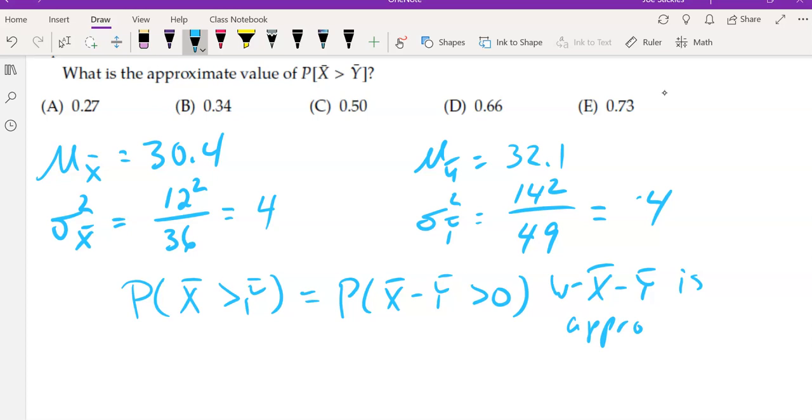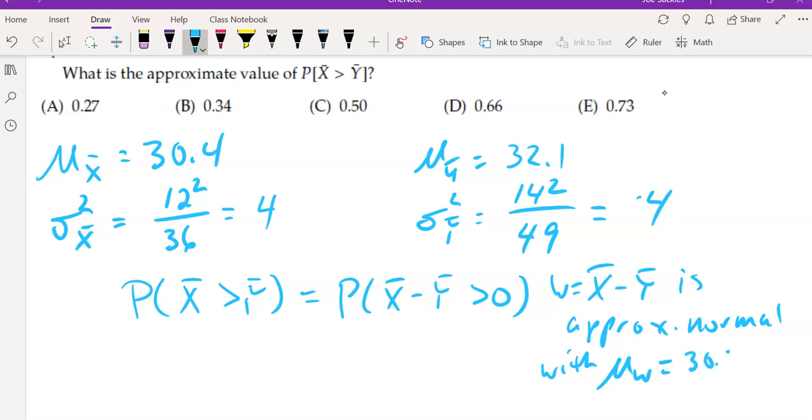Let me call it W. What will the mean of W be? Negative 2.1? How'd you get negative 2.1? I don't think that's negative 2.1.